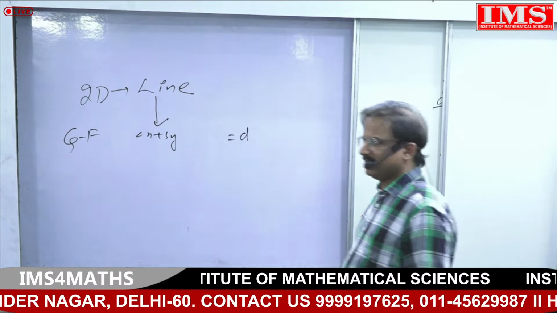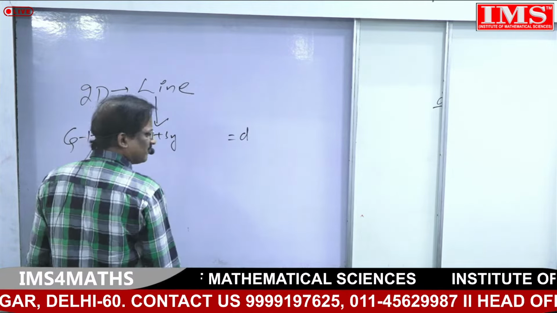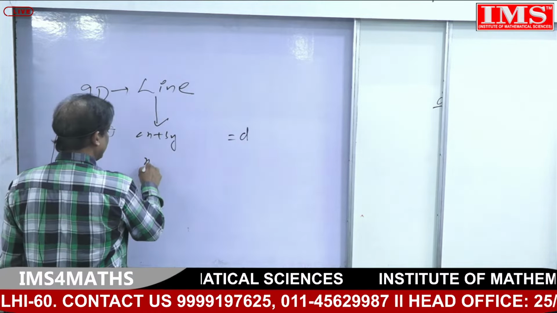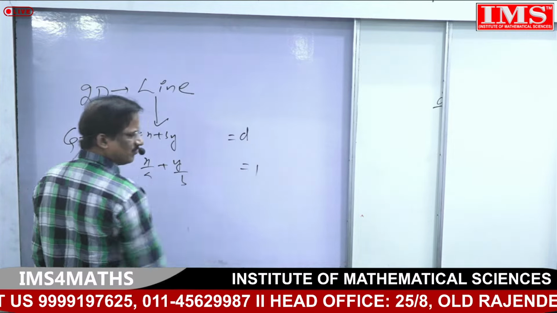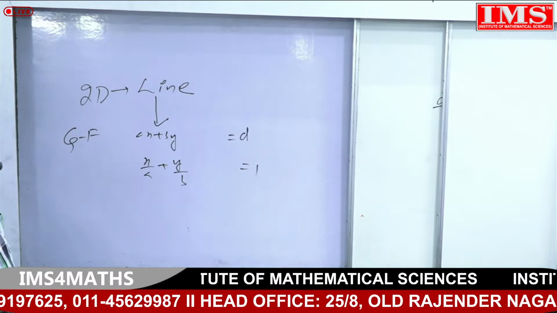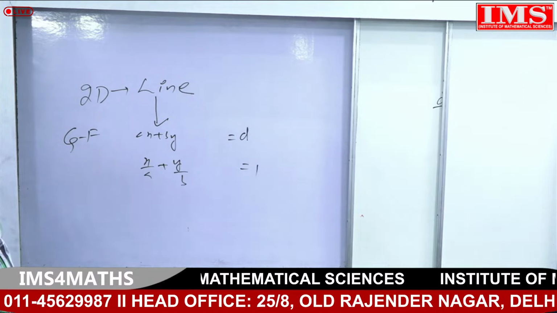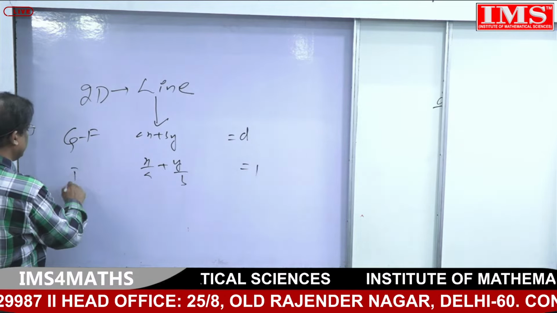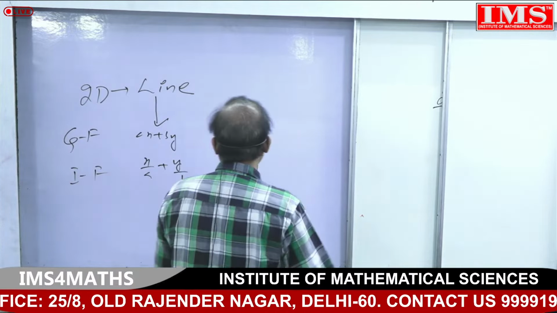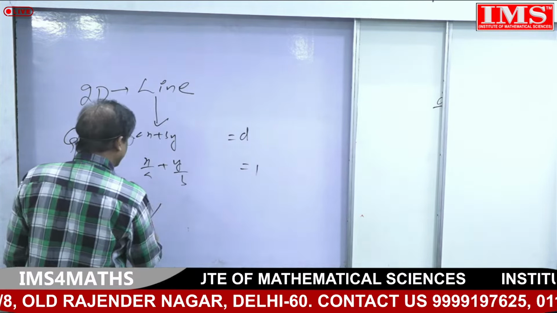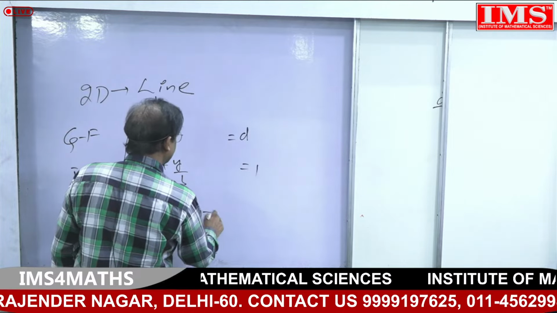Next, the intercept form of the line is x by a plus y by b equals 1, isn't it? What are my intercept numbers here? a and b. That is the intercept form of a line. Next, y equals mx plus c.